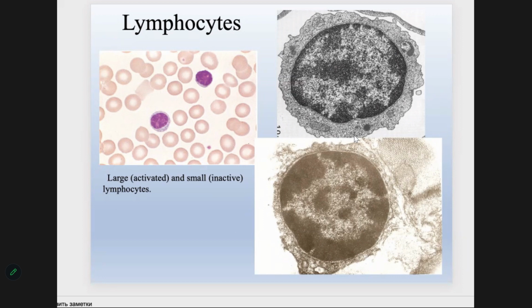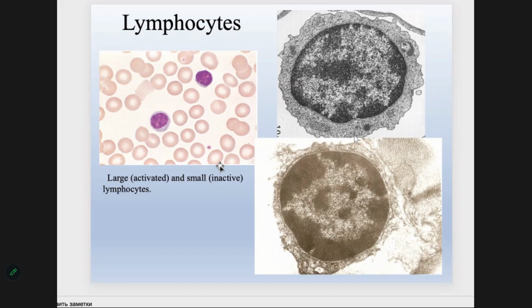All lymphocytes are subdivided according to their sizes into larger, or activated, lymphocytes and small inactive lymphocytes. The diameter of large lymphocytes is more than 11 micrometers. The diameter of small lymphocytes is approximately 5 to 7 micrometers.